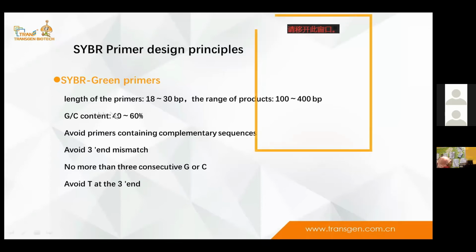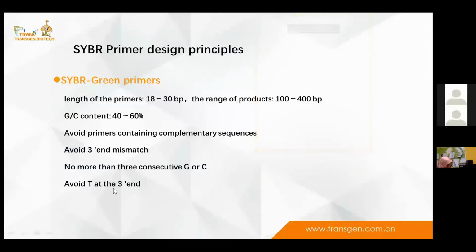Also the GC content is in the range of 40 to 60%. It should also avoid primers containing complementary sequences, avoid 3' end mismatch, have no more than 3 consecutive G and C, and avoid T at the 3' end.